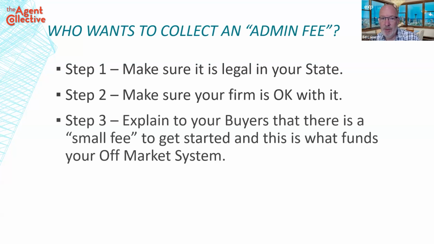Then when you're talking to your buyers, explain that there's just a small fee to get started and it's used to fund the off-market system. That's it. Because the off-market system I mentioned is direct mail, that costs money, right?